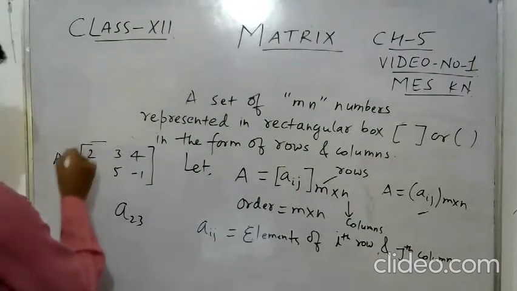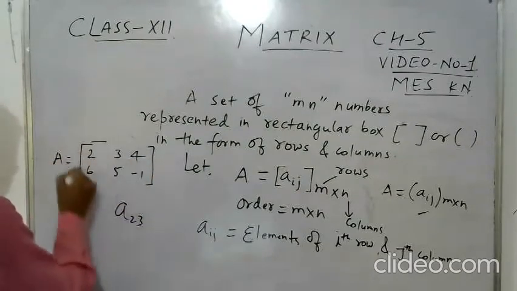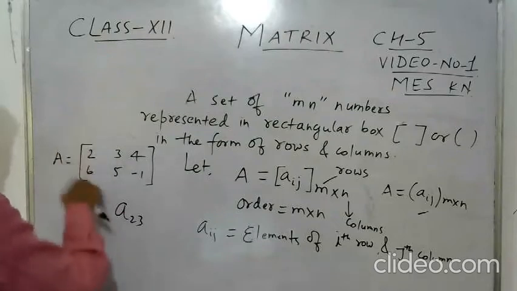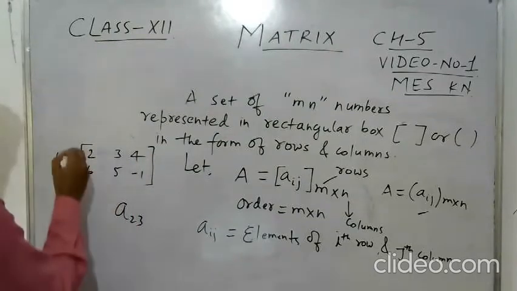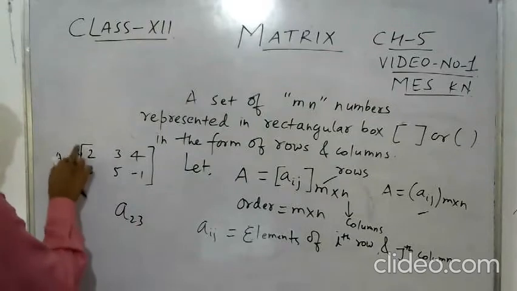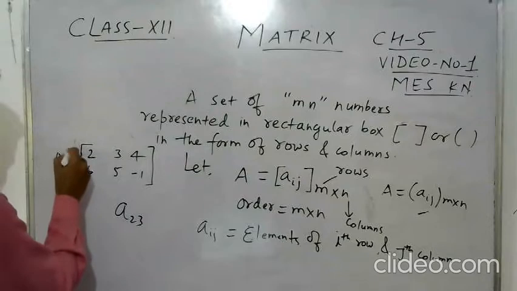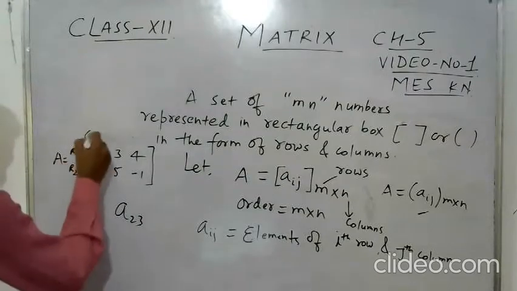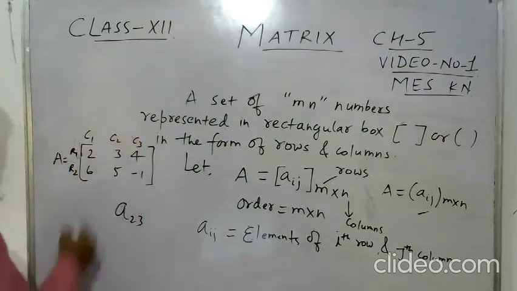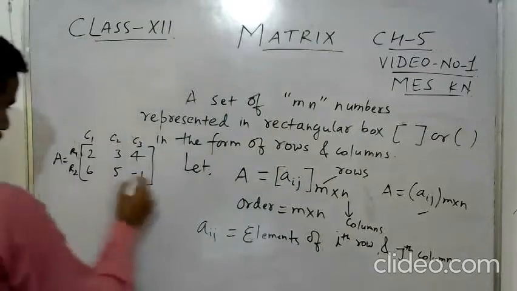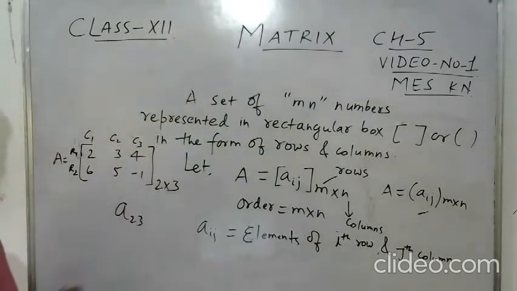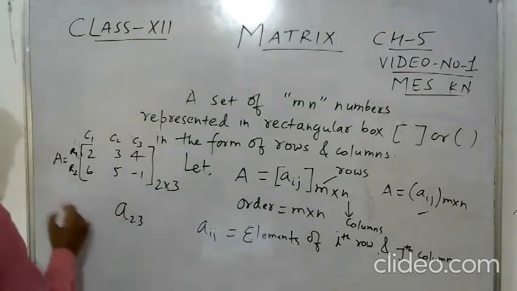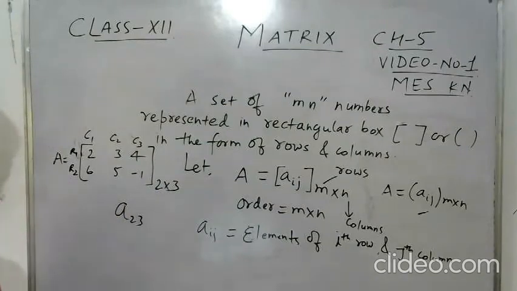This horizontal arrangement of numbers is known as rows, and the vertical arrangement of numbers is known as columns. So 2 3 4 is the first row, this is the second row, and these are the first, second and third columns. How many rows do we have in this matrix? We have 2 rows, and 3 columns. So the order of the matrix is 2 by 3.